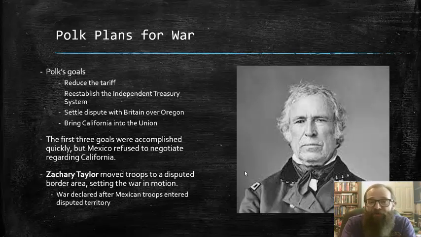As a result, a small skirmish developed where there were casualties on both sides, and Polk went to Congress claiming that Mexicans had shed American blood on American soil and demanded that Congress declare war on Mexico for this transgression. War was declared, and the Mexican War was on.